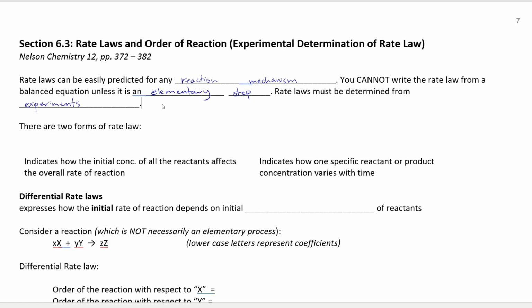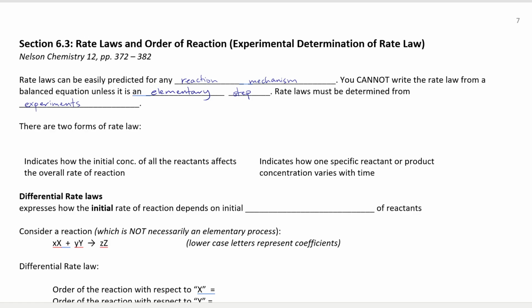So through experimentation, we can derive a theoretical reaction mechanism that will allow us to create a mathematical expression, a rate law, for how fast a chemical reaction will go based on concentration of certain reactants.